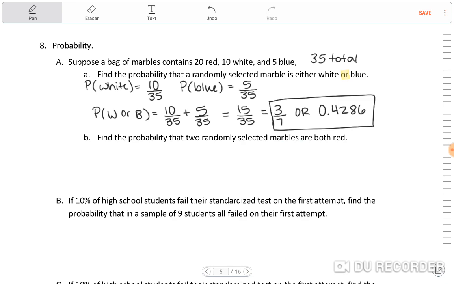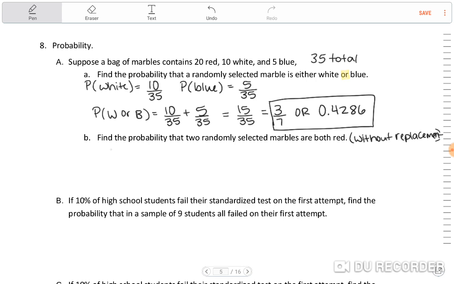If you consider drawing them both at the same time, I'm just going to put a little note here: without replacement.